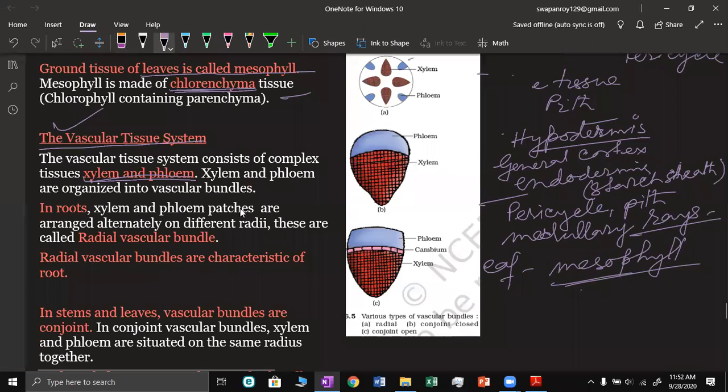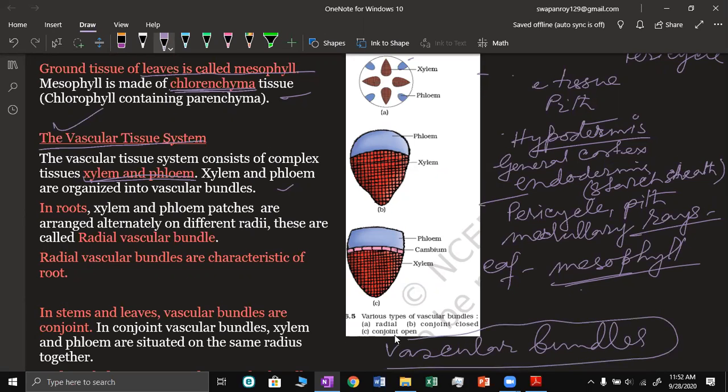They are arranged in a particular way, usually known as the vascular bundle. The veins of the leaves and within the stems and other places are made of vascular tissue, xylem and phloem, organized into vascular bundles.